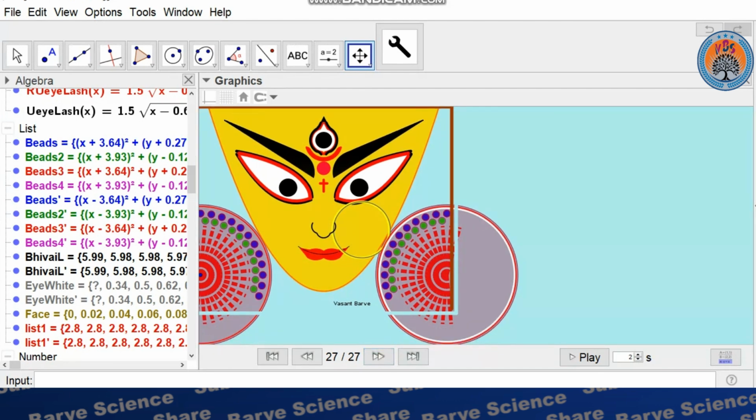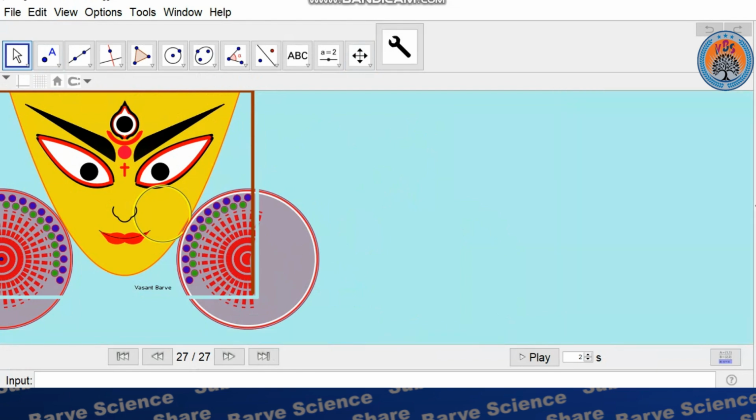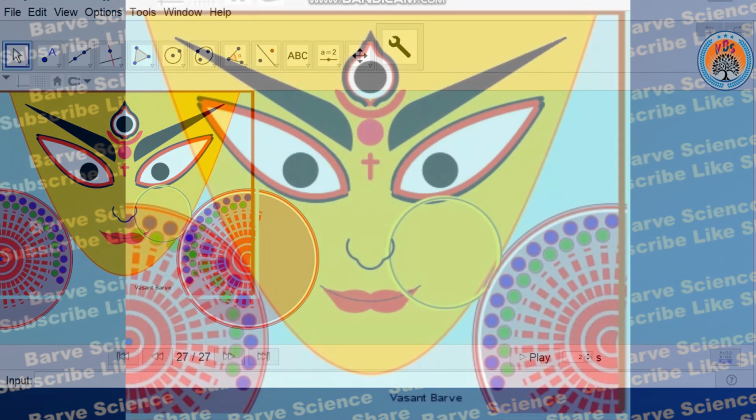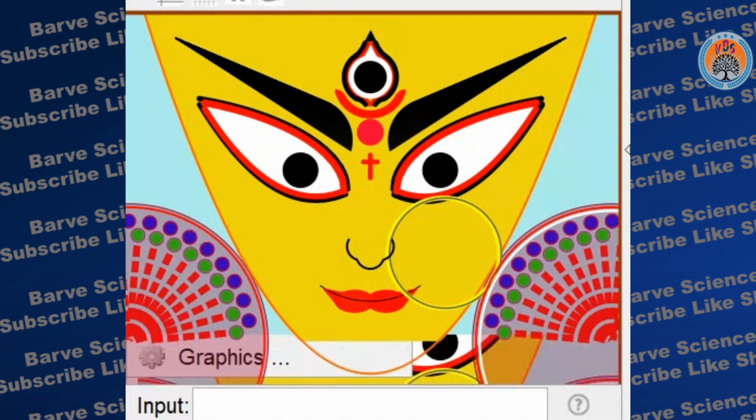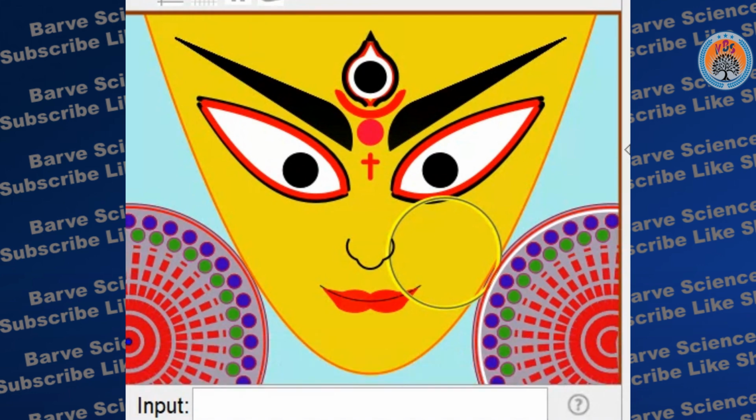Right. And then what we do is we collapse this particular window. See, so you can restrict this particular area only. So I don't view this algebra. Okay, and then I put this here so that you get the frame ready. I don't want to see this bar now, so I remove that navigation bar, and the portrait is ready.